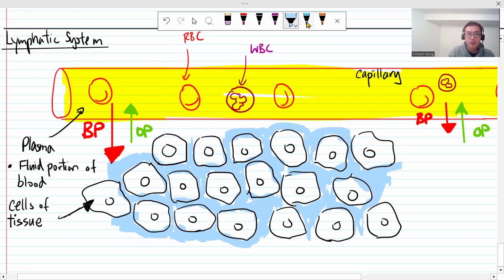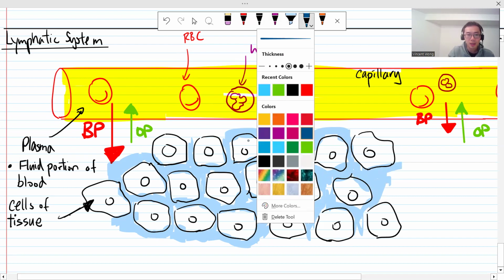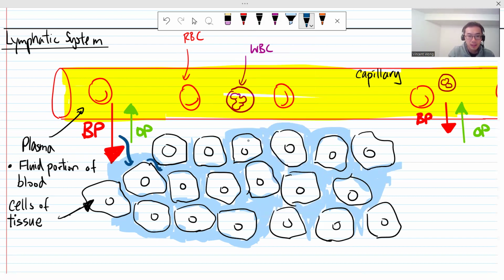The fluid that's coming out is going to fill up the space between the cells.